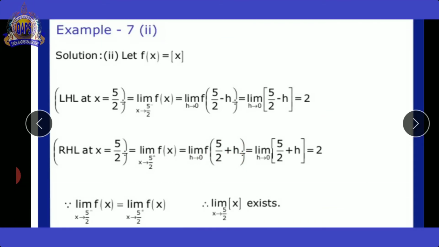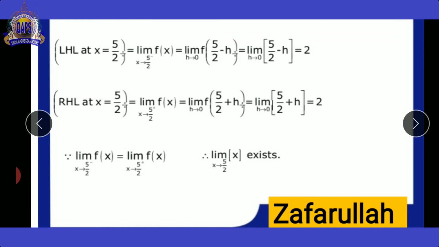Then the outcome will become 2. Now the left hand limit and the right hand limit results are the same. So this whole function represents that the limit exists. The meaning of exist is that the solution is satisfied here.